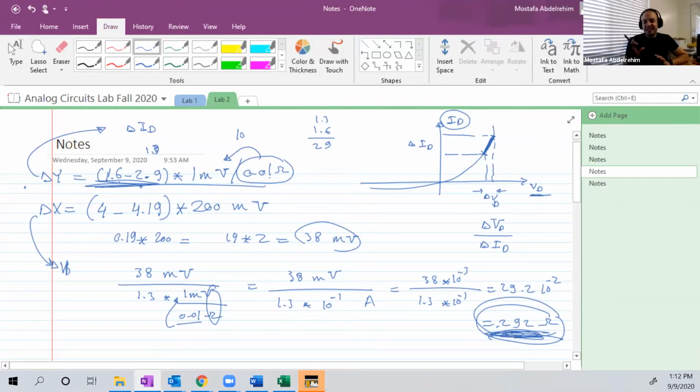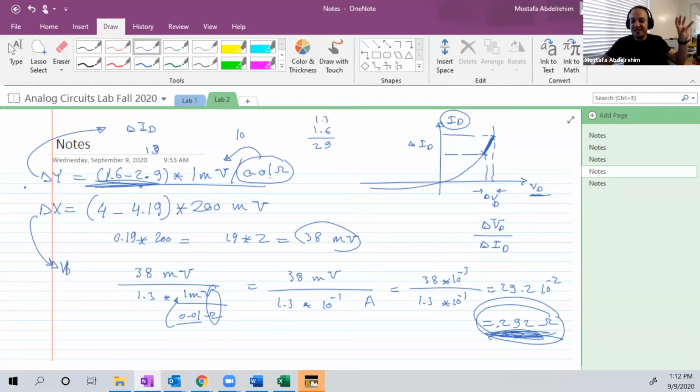Look, it's a bit complicated. Resistance has a formal definition: it is the derivative of the voltage with respect to current. But in Ohm's law, since we use only resistors, we just divide. The actual definition is the derivative of the voltage with respect to current, which is the slope in Ohm's law.